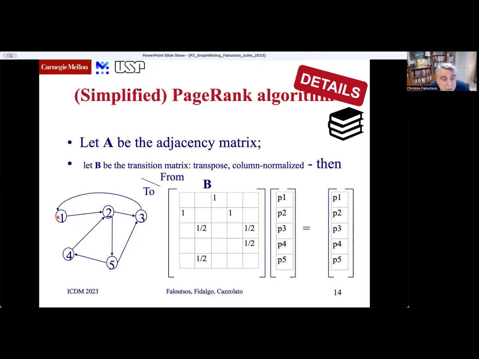Oops, the other way around. This is from and to. So if we're starting from node 1, there is a 100% chance we'll go to node 2, as it is shown here.